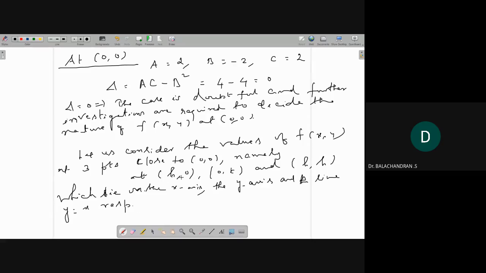So I have considered three different points which are very close to (0, 0). This point lies on the x-axis, this point lies on the y-axis, this point lies on the line y = x.